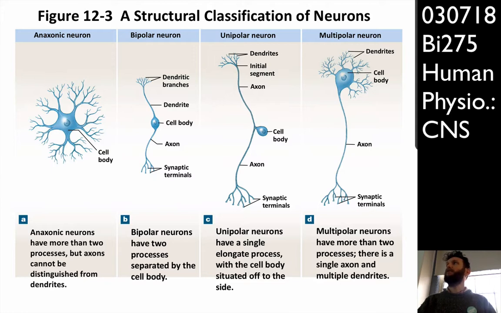But bipolar neurons, interestingly, whatever electric field or graded potential is being generated in the bipolar neuron, that electric field has to pass, or the local currents is another way to describe it, those local currents have to pass through the soma of the bipolar neuron, whereas in a unipolar neuron, they look very similar in structure in that there is a single dendritic projection and a single axonal projection.